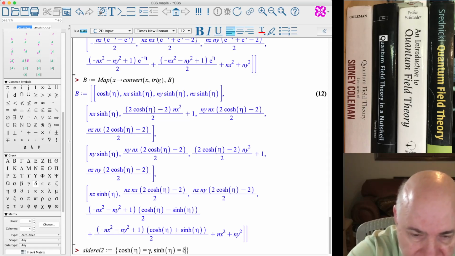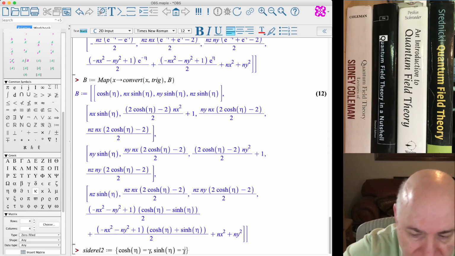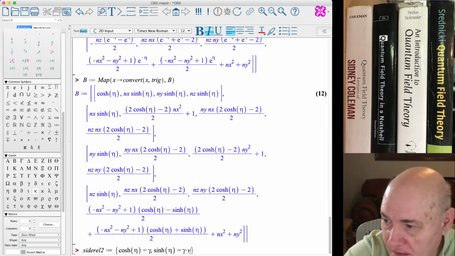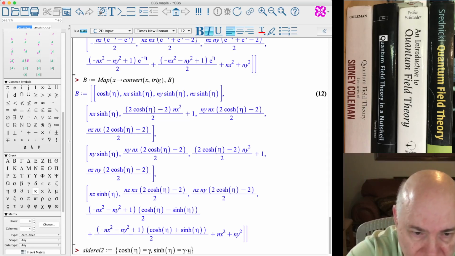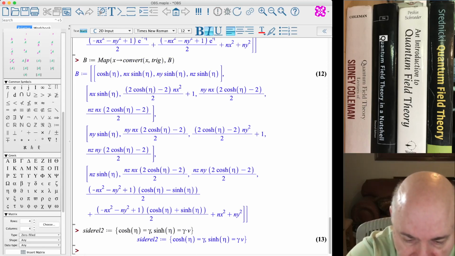Oh, I don't want delta, I want gamma. Where did my gamma go? Okay, and now I'm going to simplify it again.